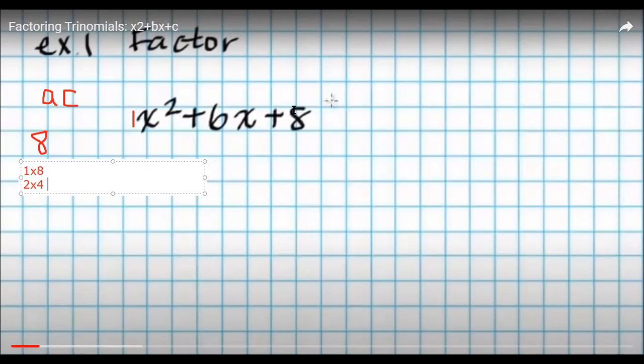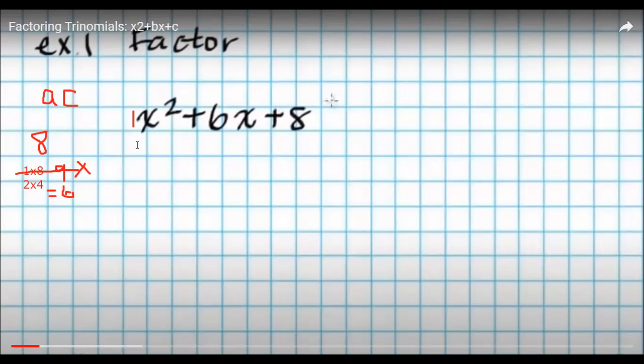Then we are looking for two numbers whose product equals 8, and when you add them together, the answer will be 6. Try to add: 1 plus 8 equals 9, so I can't take this option. This is wrong. 2 plus 4 equals 6. Okay, so this is what we are looking for.